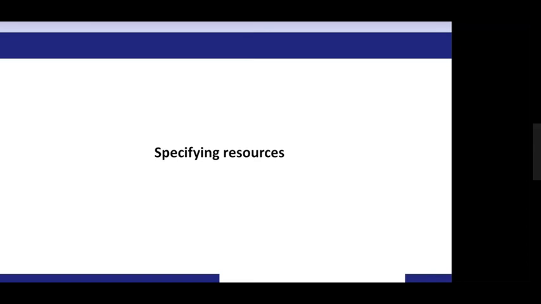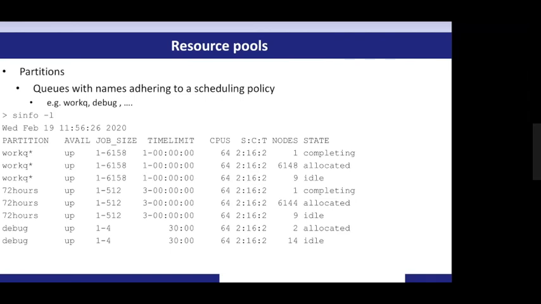Next is specifying resources. Once you know what the system is, how do I ask for resources? Well, everything is pooled in queues. And there are two important queues that you need to know of on Shaheen. One is called the work queue, that is the production queue for 24 hours, and then 72 hours are also given in that. The other one is the debug queue, right?